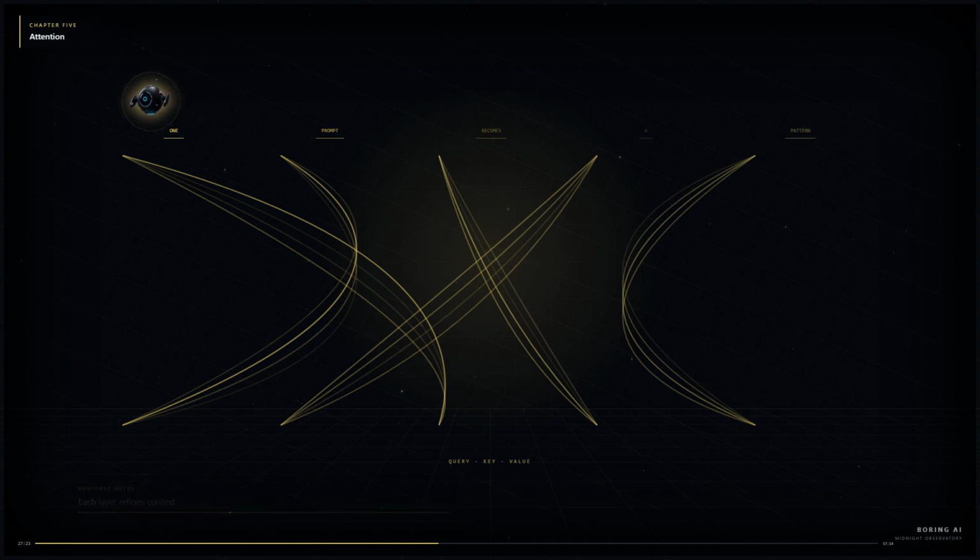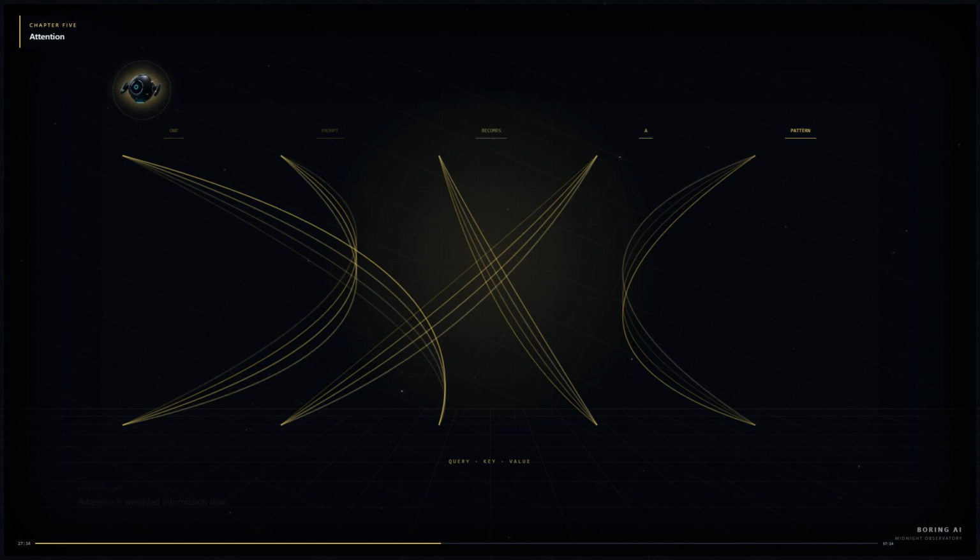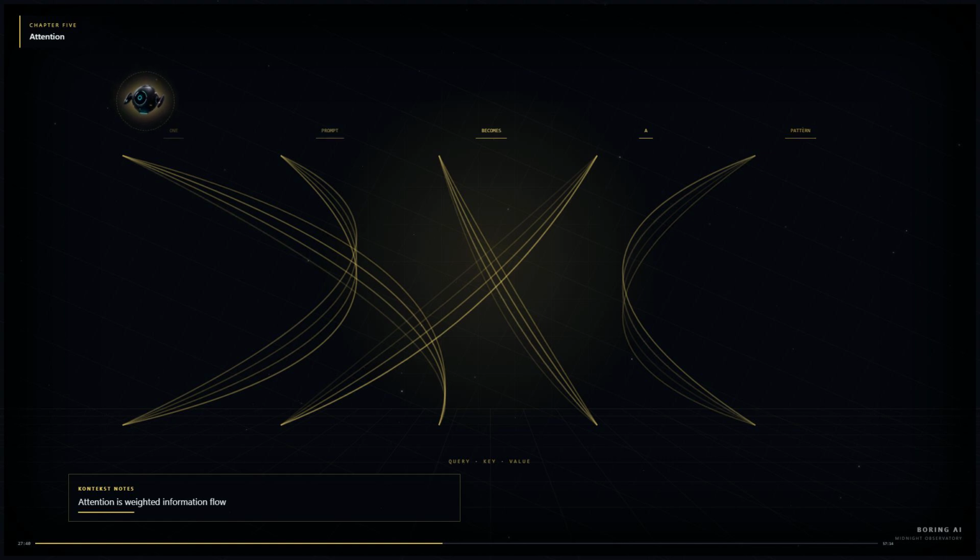Suppose the prompt contains the sentence, "The telescope could not focus because it was still moving." The token corresponding to it may need information from telescope. Attention provides a path through which one position can draw from another. In a different sentence, the same pronoun may connect elsewhere.